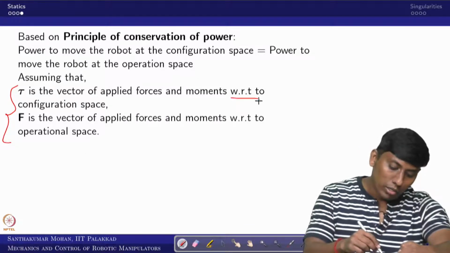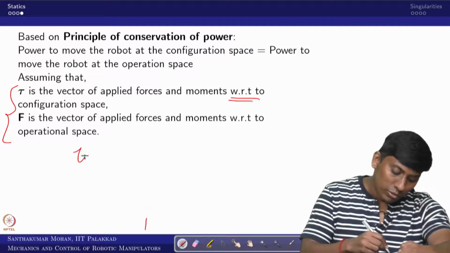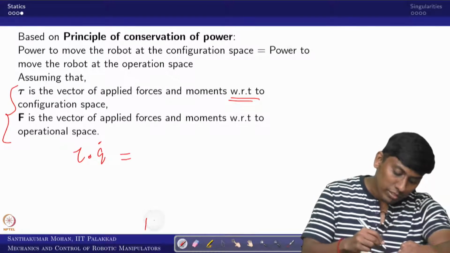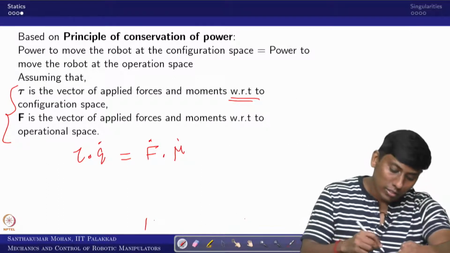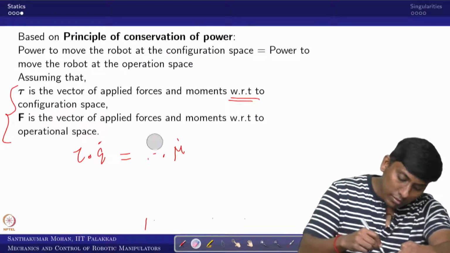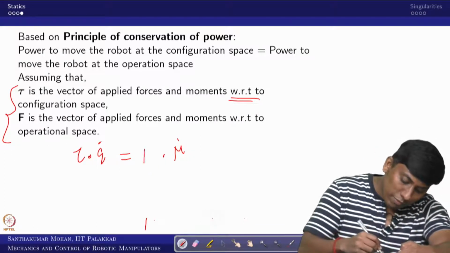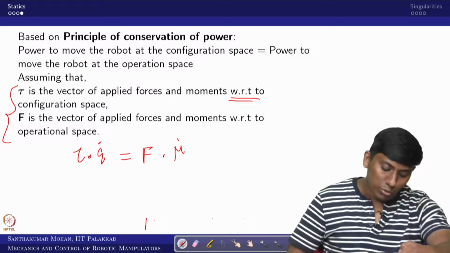So tau dot q dot is equal to f dot mu dot.